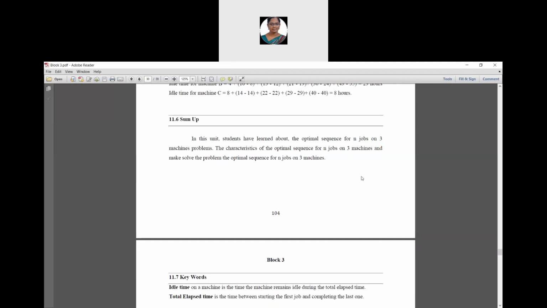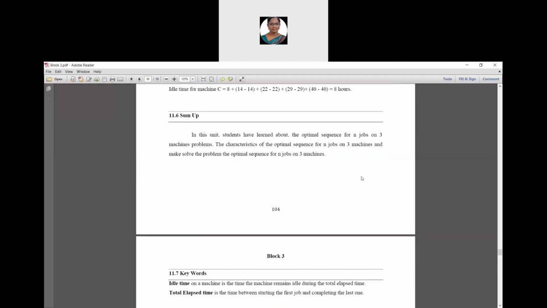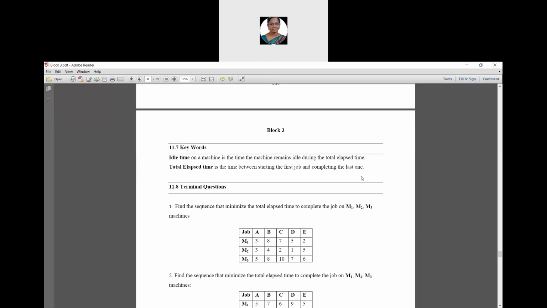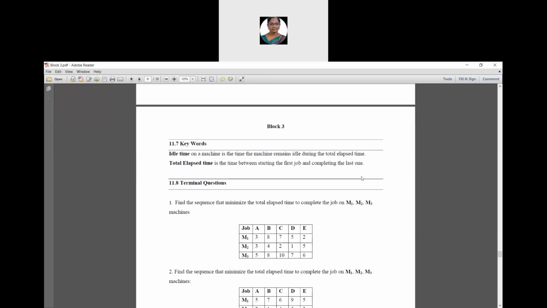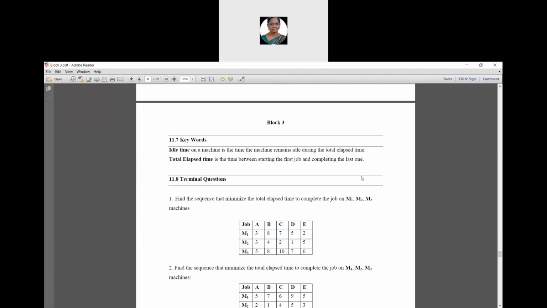Some keywords have been given for you. Idle time is the time the machine remains idle during the total elapsed time. Total elapsed time is the time between starting the first job and completing the last job.